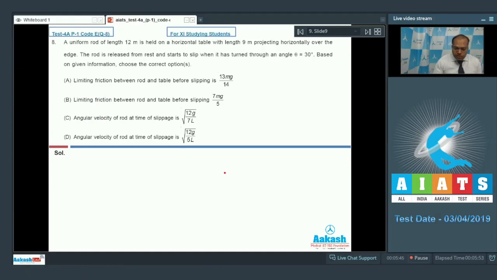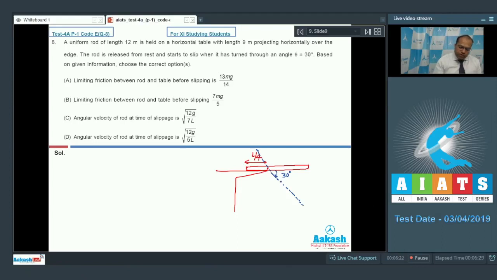So let's analyze the situation. Suppose this is a table edge and this is the rod whose length is L. So this length is L by 4. Now the rod is rotated by an angle of theta equal to 30 degree. So let the position of the rod be something like this, and it is rotated by theta, that is 30 degree.